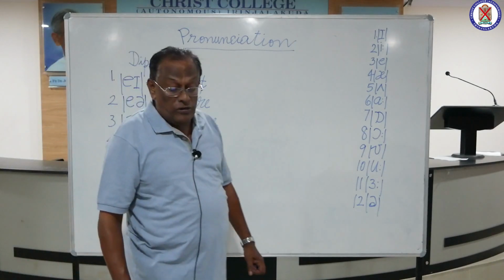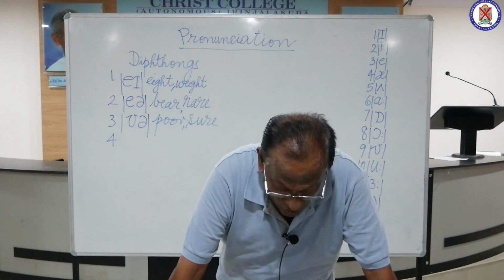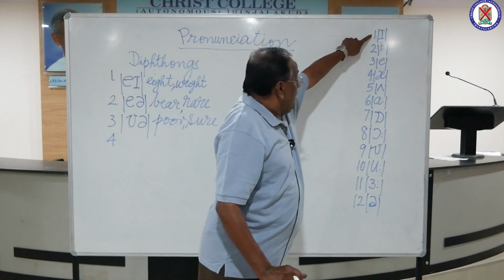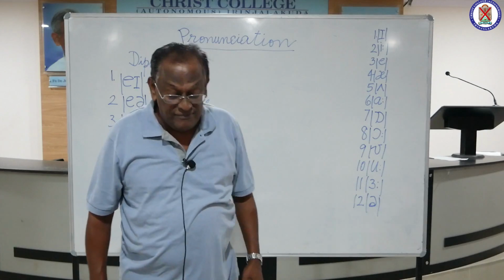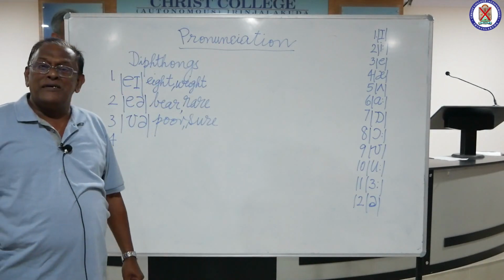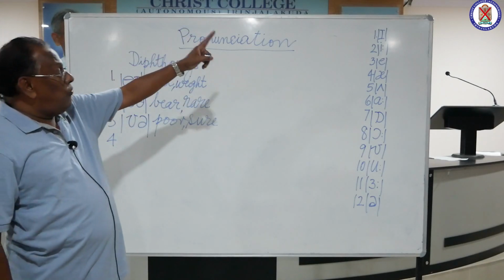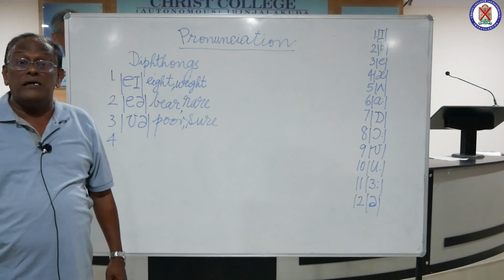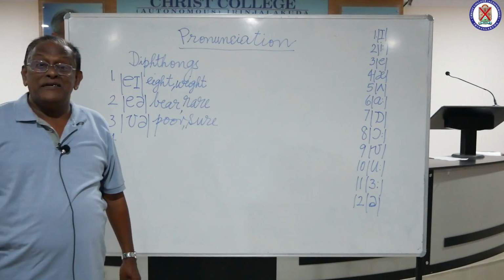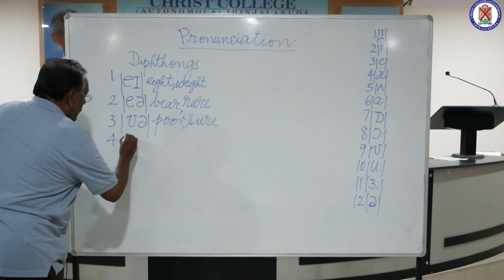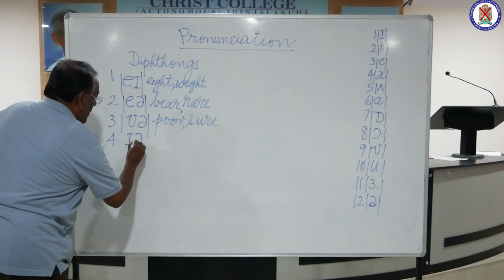Diphthong number 4 is actually a combination of number 1 and number 12. What is the sound produced when you combine 1 and number 12? Ear, and it is represented by number 1 and number 12.